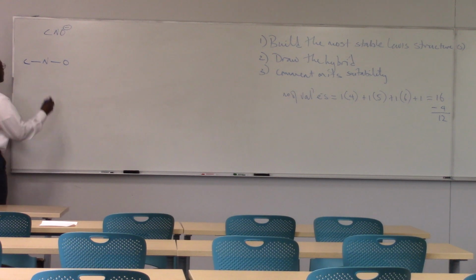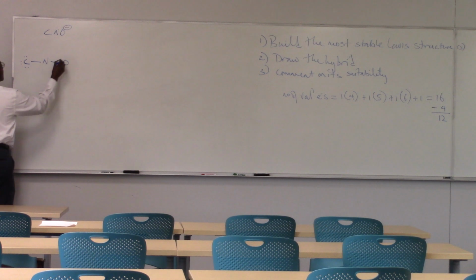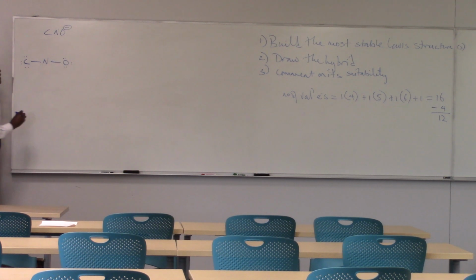So I've got 12 electrons. I'm going to go, doesn't matter which one, 2, 4, 6, 8, 10, 12, and we have got no more. Okay, so that gives me the number and arrangement of my atoms, and an arrangement of my valence electrons.